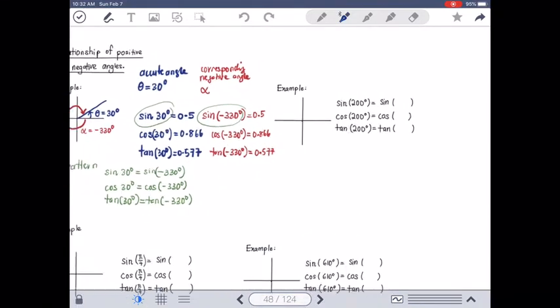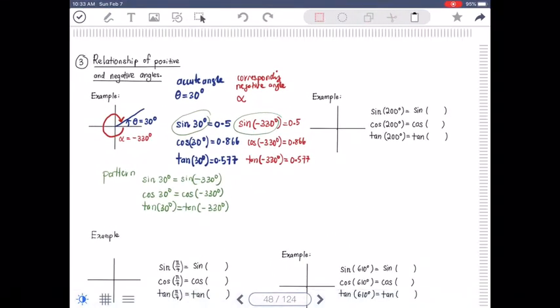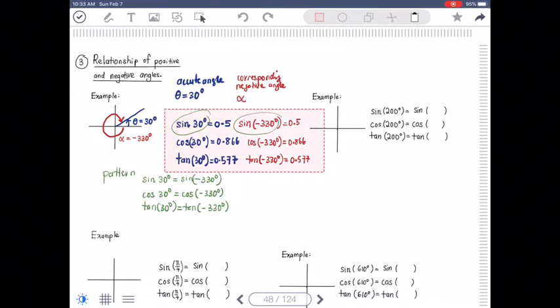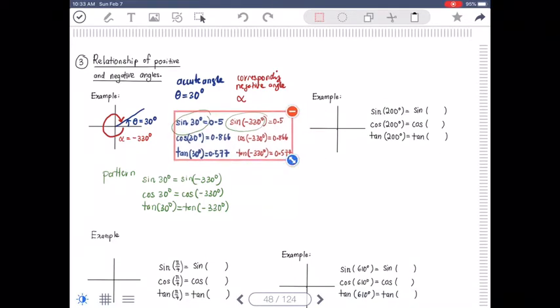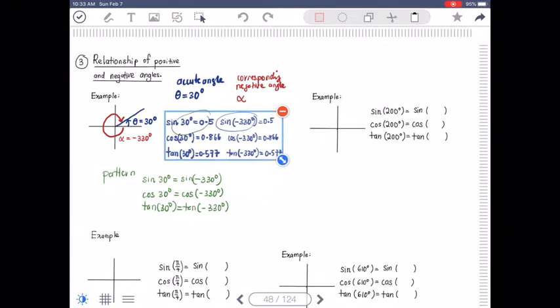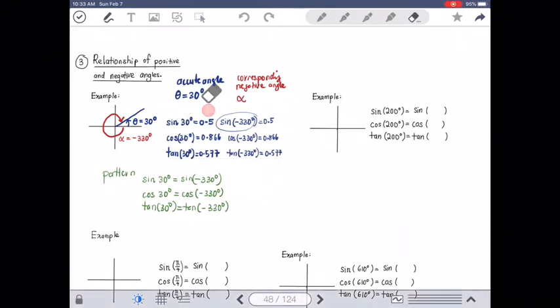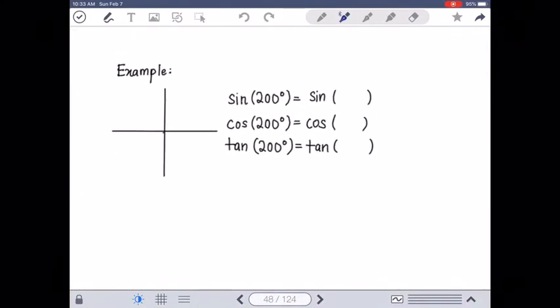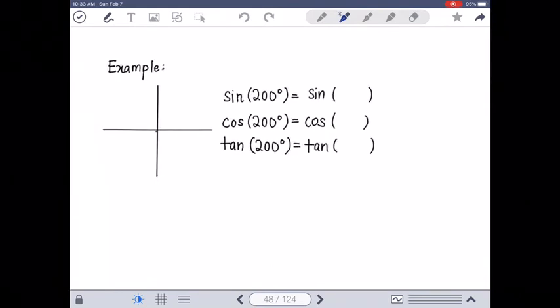Right, now let's have a look at more examples. Suppose that I have sine 200 degrees. So for 200 degrees, this is 90, 180, 270.